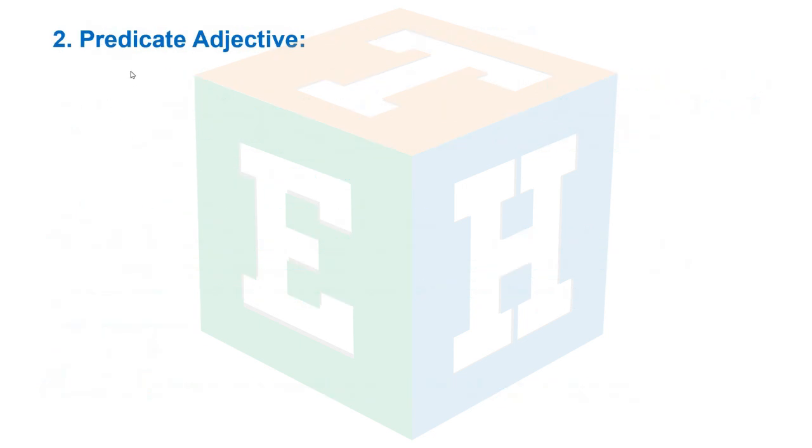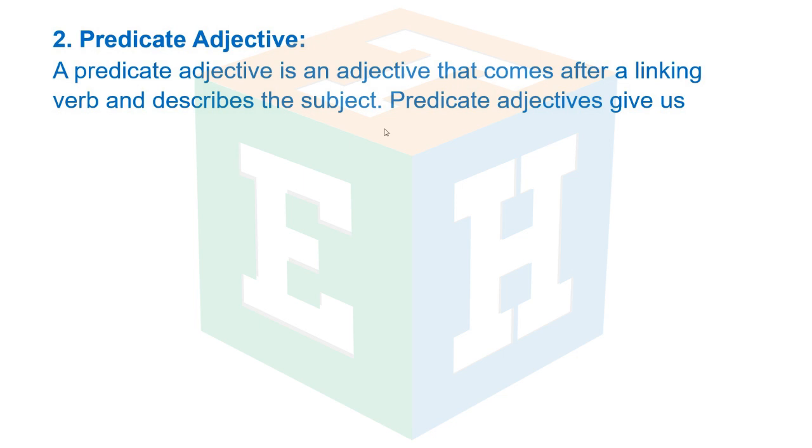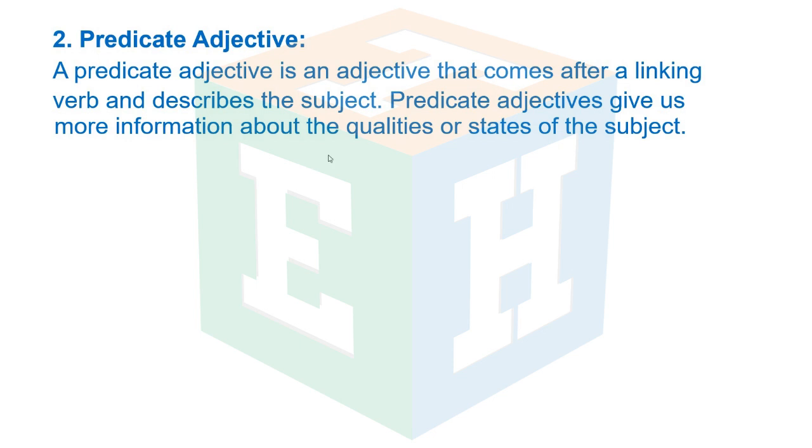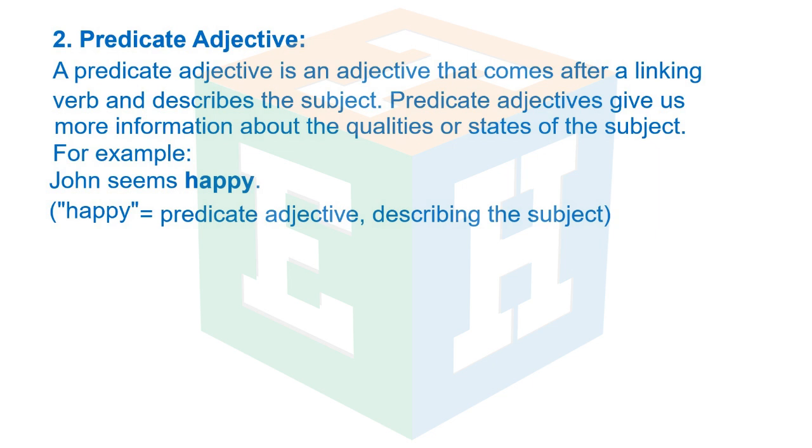Number 2, predicate adjective. A predicate adjective is an adjective that comes after a linking verb and describes the subject. Predicate adjectives give us more information about the qualities or states of the subject. For example, John seems happy. Happy is a predicate adjective describing the subject.